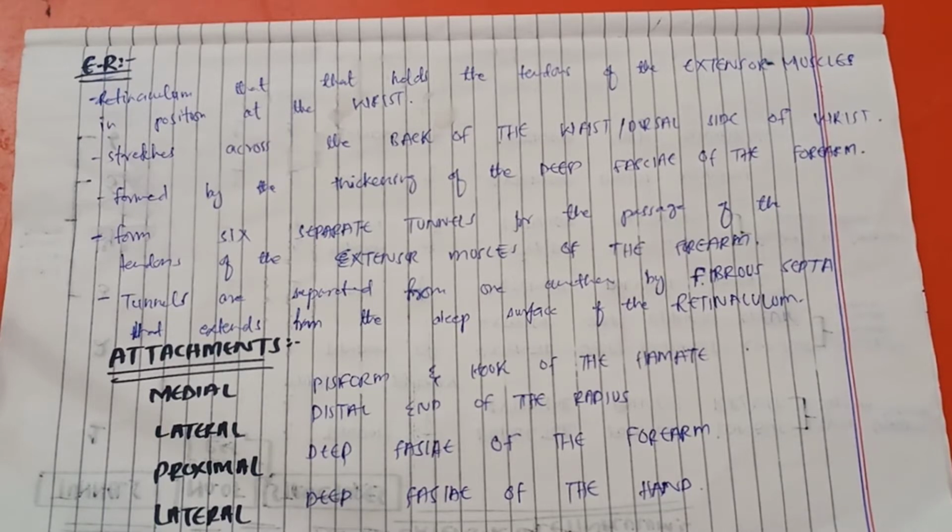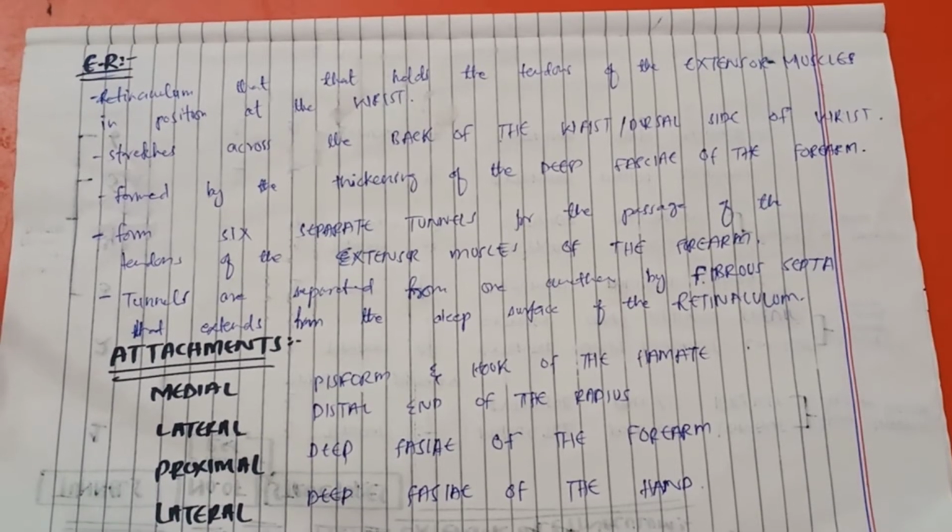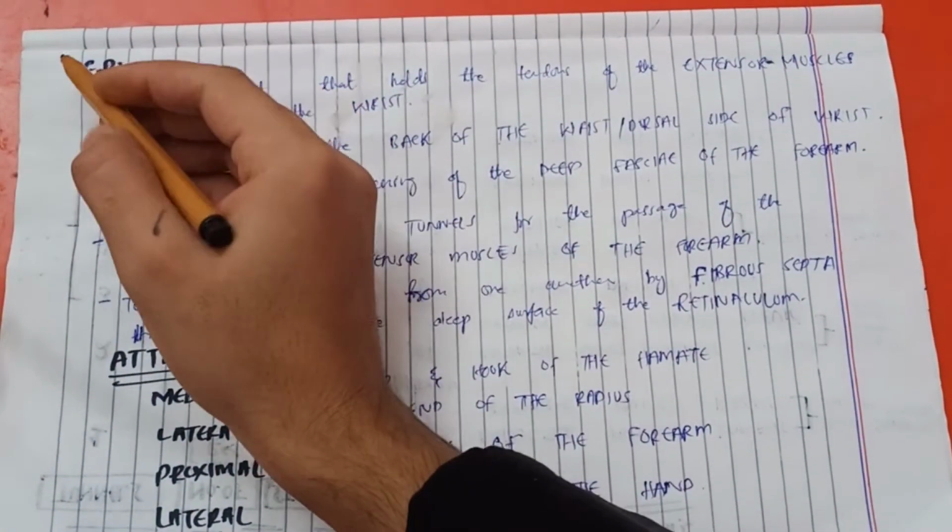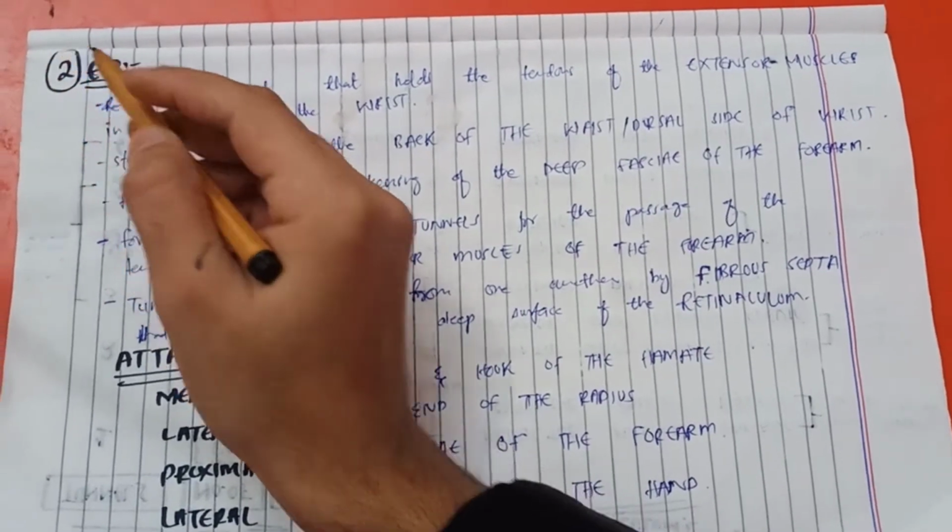But we are studying the retinaculum of the wrist or the carpus, and we know that there are two types of retinaculum present in the wrist or the carpus. The first is the flexor retinaculum, and number second is the extensor retinaculum. So now we will be studying the extensor retinaculum.